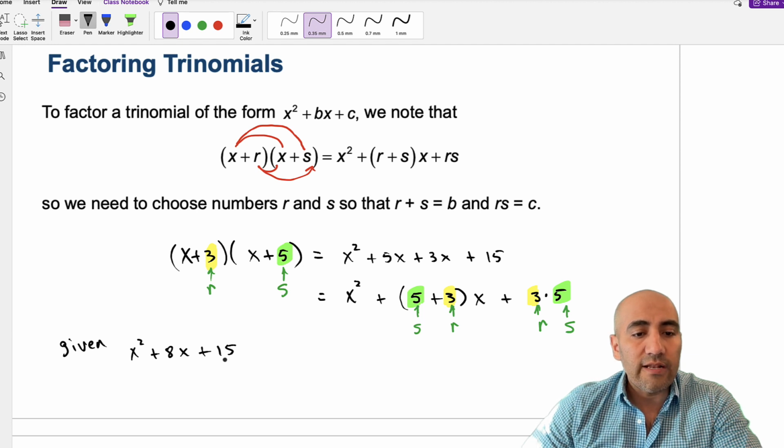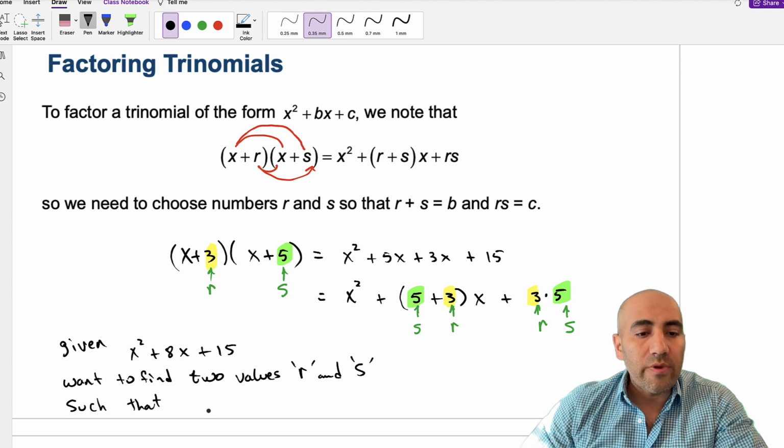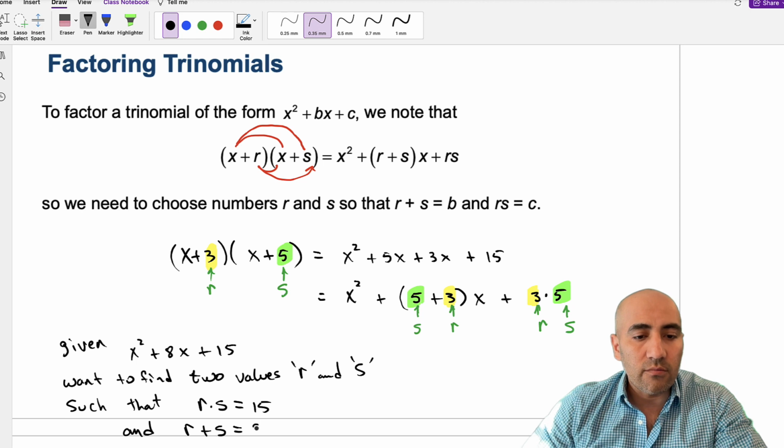So we're looking for r and s. When we multiply them, r times s, we get the 15. The multiplication results in this last term. And when we add them, r plus s, we get the middle term of 8.